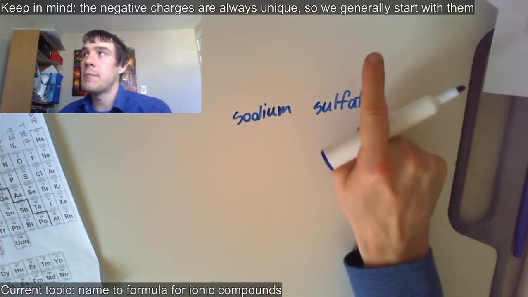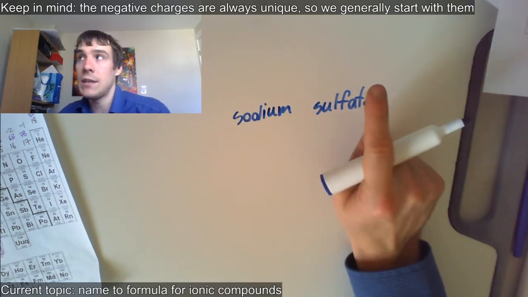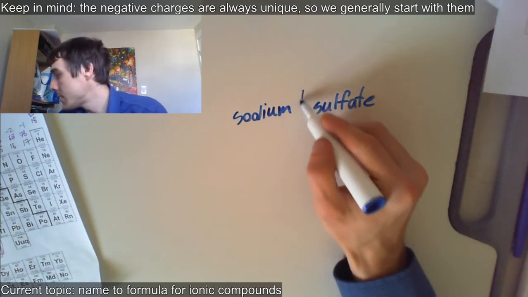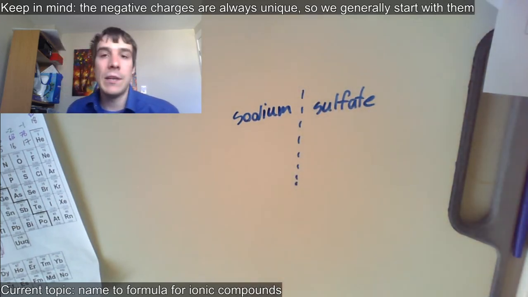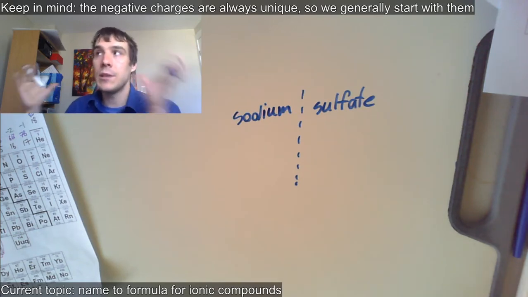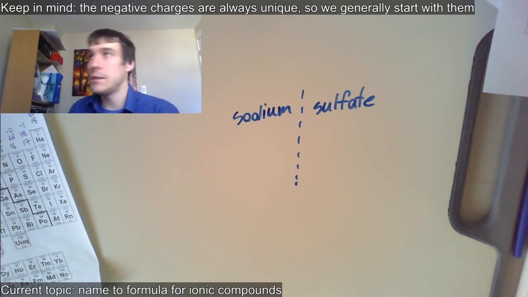If you look at the keep in mind up here, the negative charges are unique. So typically, it's best to start with the negative charges. And because the names are binary, we can split it into the positive side and the negative side and then bring it together at the end. So this is a good way to go.